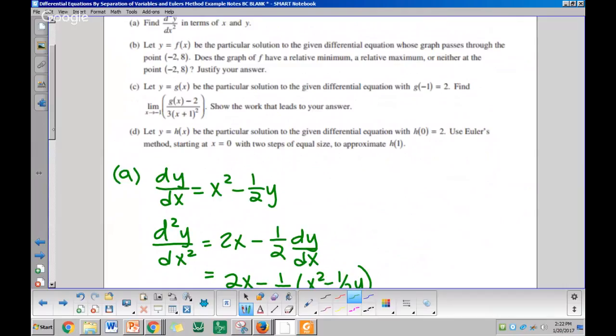Because I haven't introduced you to L'Hopital's rule. Have I? Well, I'm going to foreshadow this a bit because I think that's in the next section, or the next two sections.